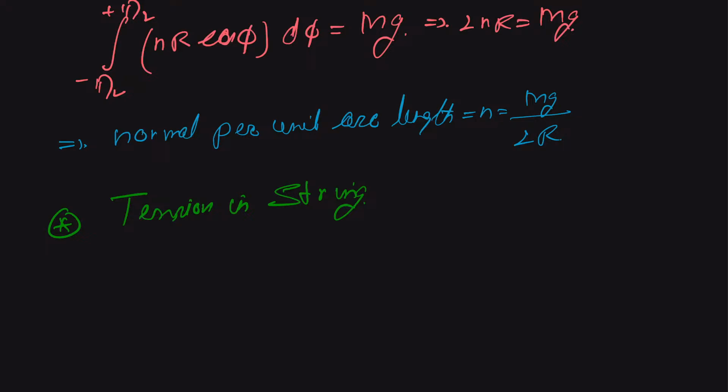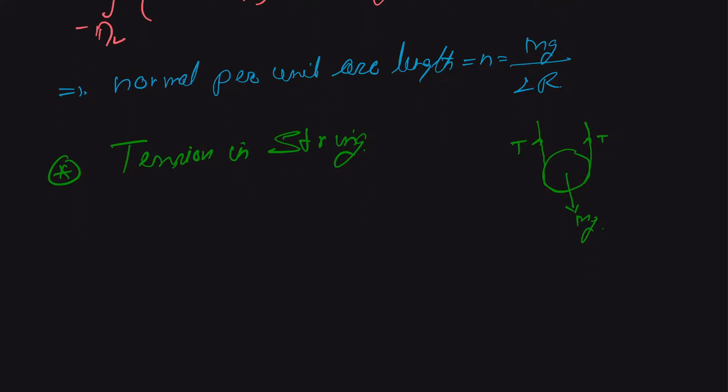It means the tension will be the same through the entire string. So this is our disc and we have a string wrapped around like this. Here will be tension T as well as here will be tension T, and in the downward direction we have our mg. So for tension in the string, we can write twice T is equal to mg, or T is equal to mg by 2.